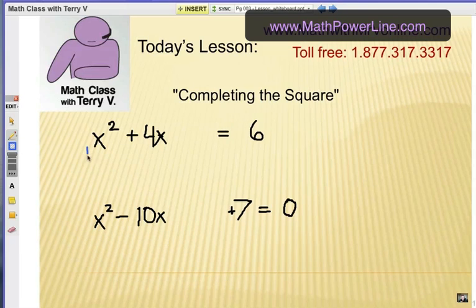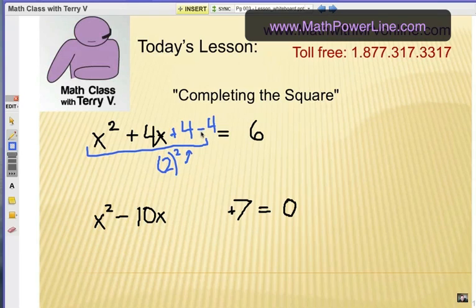Now remember, the goal is to come up with a number in this missing area so that this part is a perfect square trinomial. So the rule is, look at that 4, take half of it and then square it. So obviously that has to be another 4. Now if we're going to add 4, we have to subtract 4 if it's on the same side of the equal sign, because the end result is we are adding 0 to the equation.